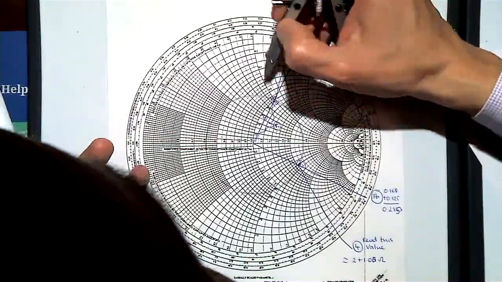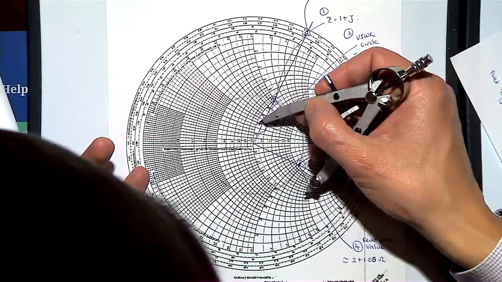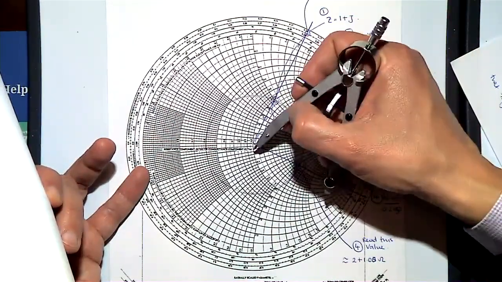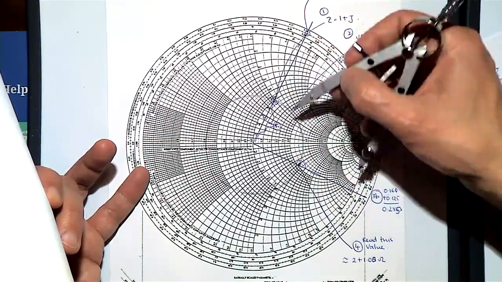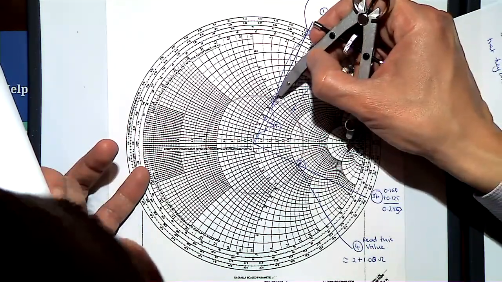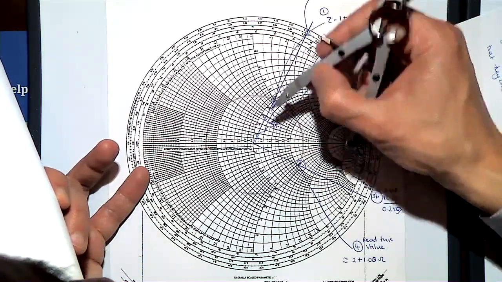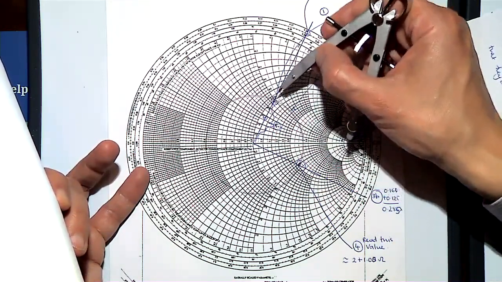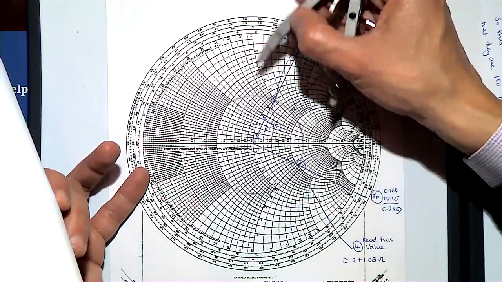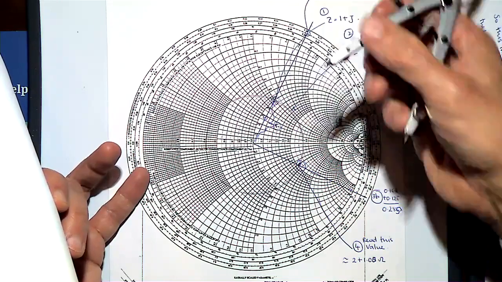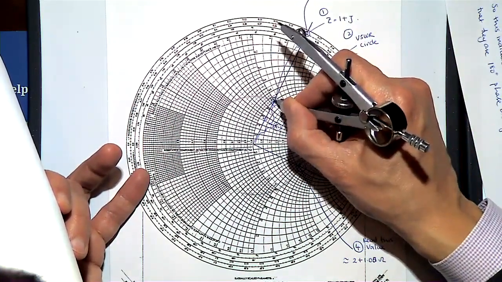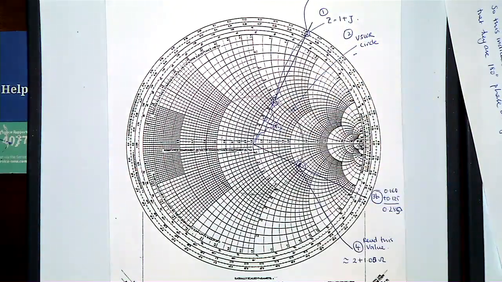This is the circle of 1j, this is the circle of r's, essentially the circles of u, these are the circles of v, and this particular point is 1 real plus 1 imaginary. So this is the location of 1 plus 1j on the Smith chart.